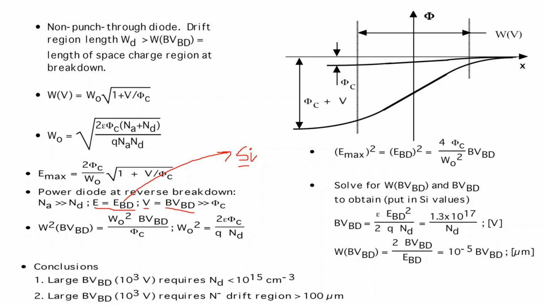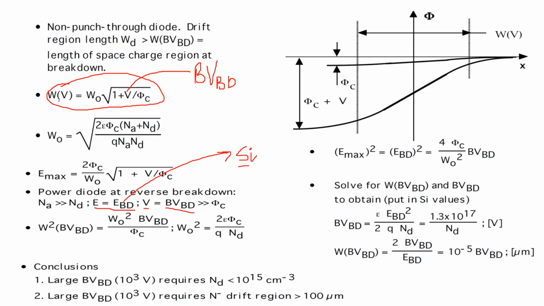So here what we are doing, we are putting V as the breakdown voltage, written as BVBT, and then you take a square of it.